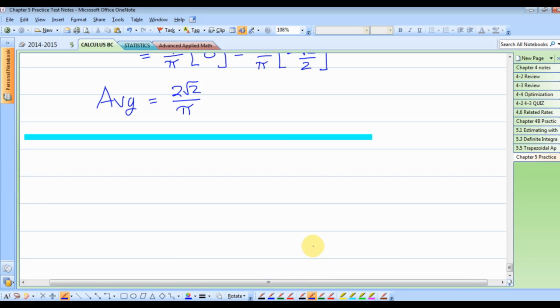You had 1 over b minus a. You got pi over 2 minus 3 pi over 4. Isn't that negative 3 pi over 4? One more time. That's pi halves minus pi quarters, so that's like 1/2 minus 1/4.